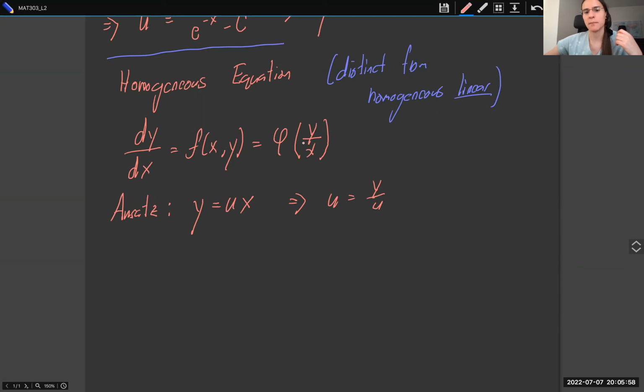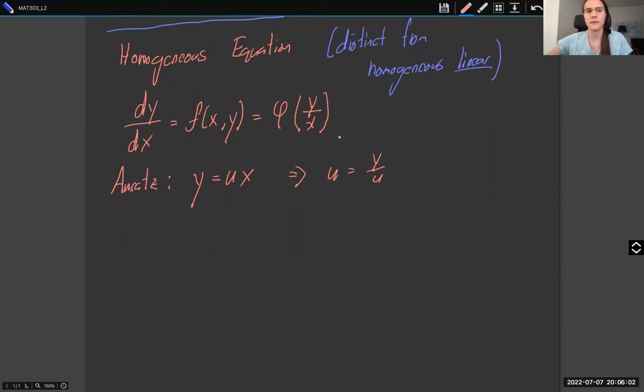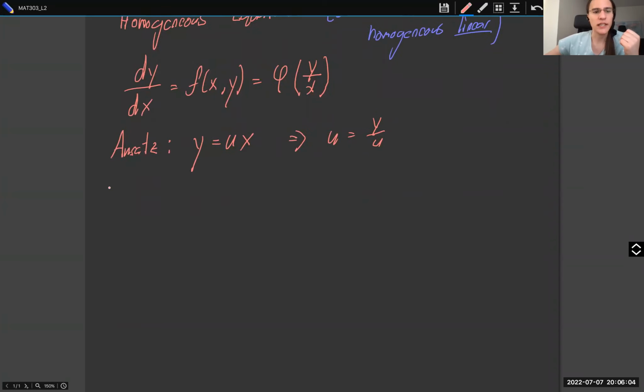So we're basically substituting in u for y over x, and that's why this is a very reasonable ansatz. So what happens when we do this is we get y prime, so (ux) prime, is equal to phi of, now what is y over x?